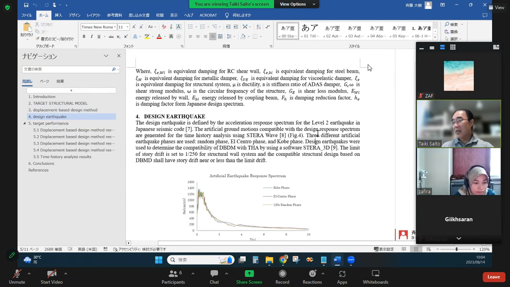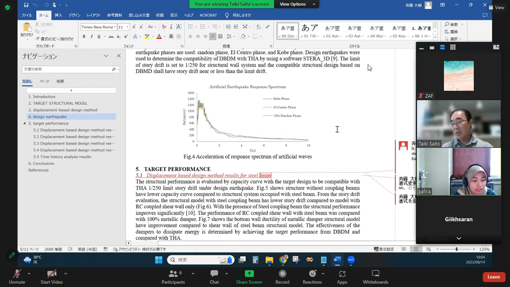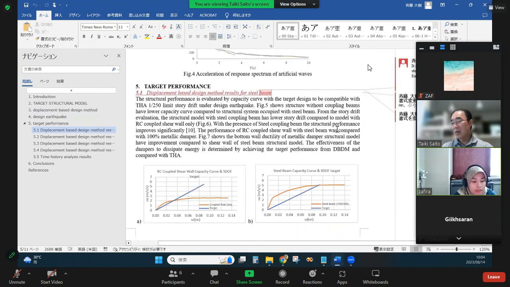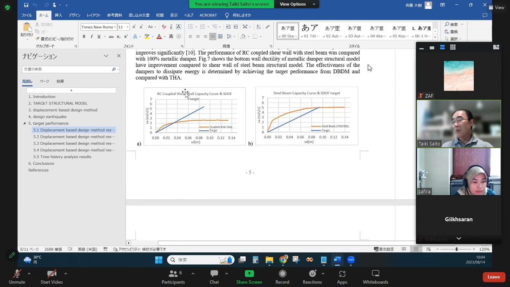Is there any limitation of the number of pages? I think it's 10, Sensei. Right now, how many? It's already 10 pages, but I will try to simplify if there are some words I can simplify. Maybe you need to explain this one.